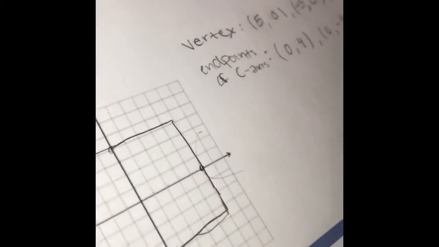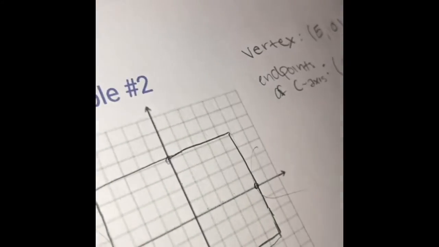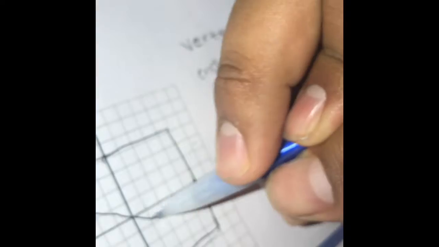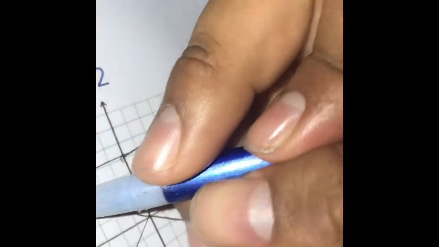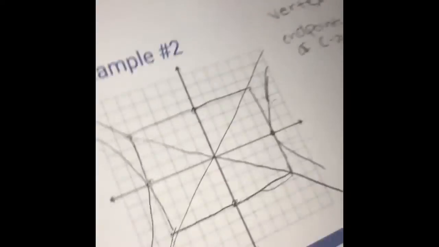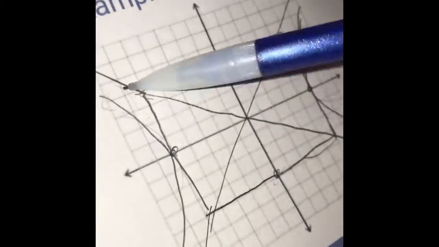And now we have to write an equation for it. Let me just draw these lines. This is what our hyperbola looks like, and it looks wide because of these coordinates.